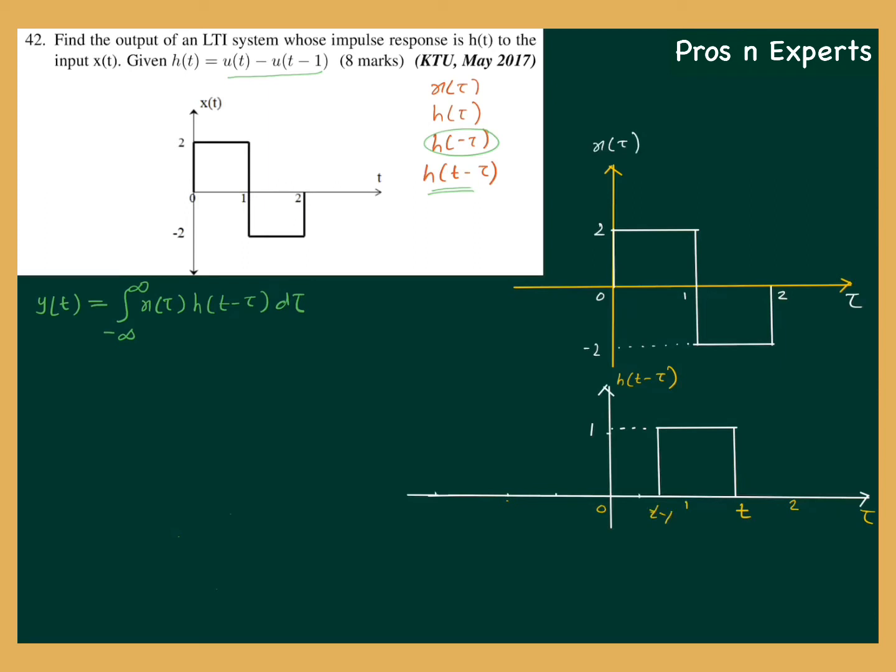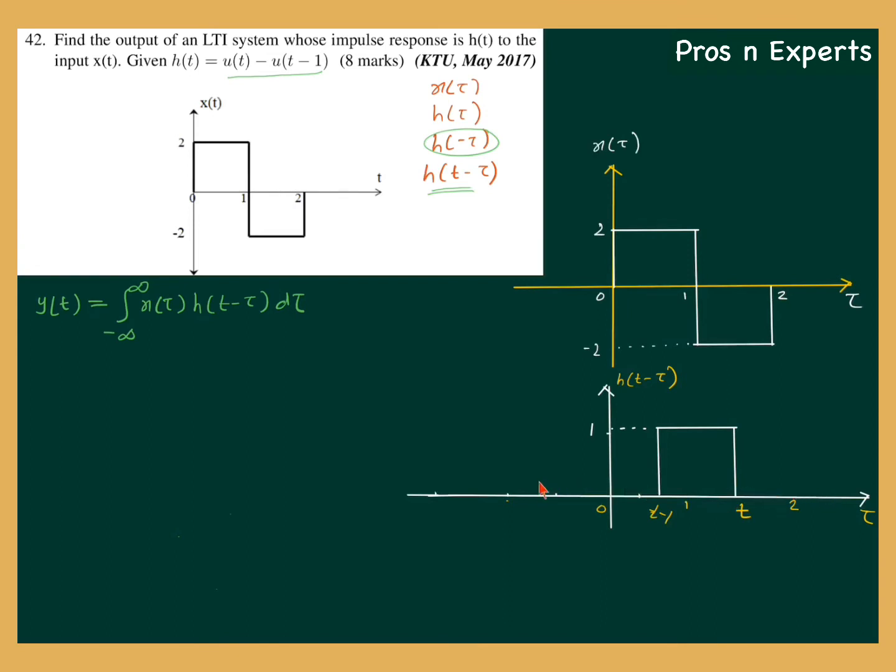Now, before calculating the product, the first step is to calculate the time interval in which this output is valid. What is the time interval? You can see that the time interval can be judged by the time values when the product of these two signals remains non-zero. While we integrate from t minus 1 to t, the product is going to be non-zero.